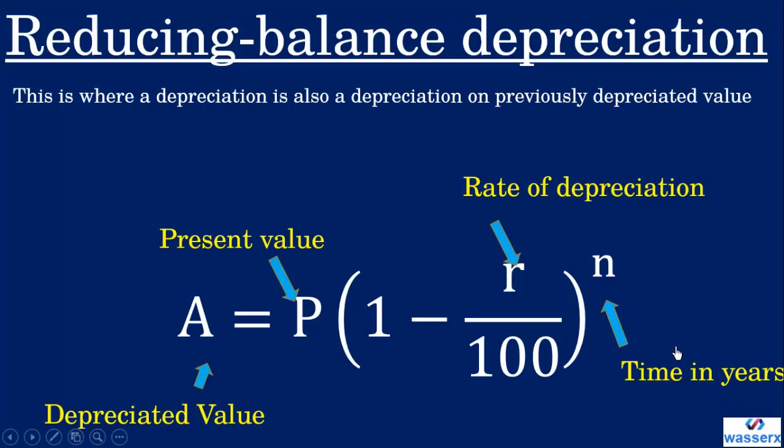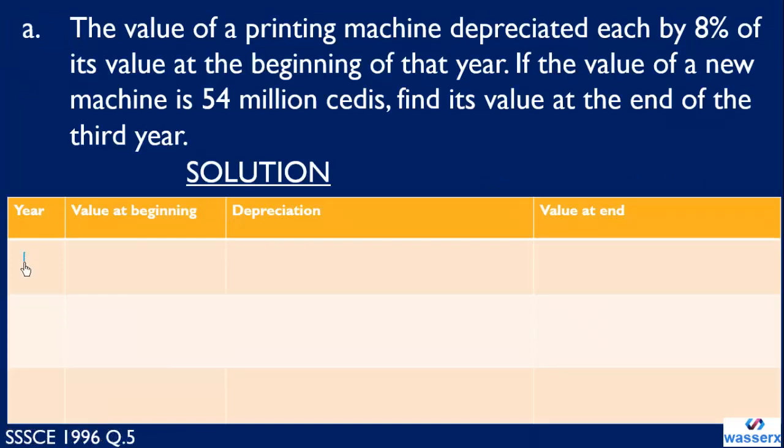So now let's take some worked example from WAEC. The value of a printing machine depreciates each year by 8% of its value at the beginning of that year. So if the new value of a machine is 54 million cedis, at the beginning of the first year we have the value of the machine to be 54 million.